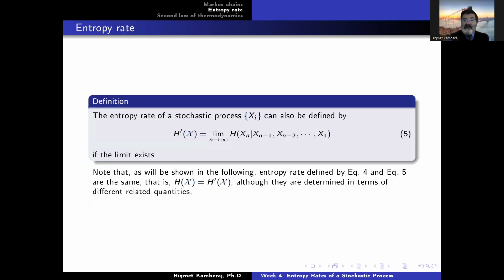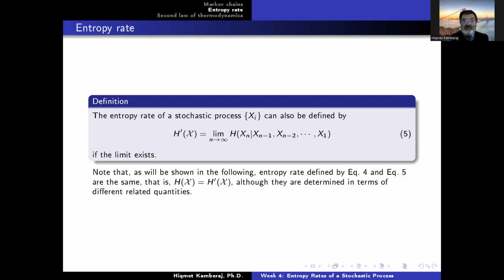Now we'll give another definition of the so-called entropy rate. By definition, the entropy rate of a stochastic process Xi can also be defined by this quantity. We denote this for the moment H prime to distinguish it from the previous one, but we are going to prove that these are identical definitions.